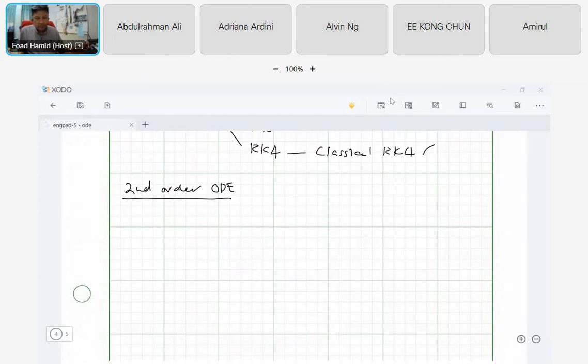So for second order ODE, if I'm not mistaken, we started with a system of ODE. For example, there are categories in this case. So we have second order ODE. First, we have system of first order ODE.